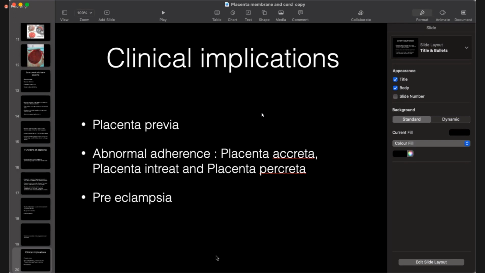Preeclampsia. Can somebody say what is preeclampsia? Ashan? It's an increase in blood pressure during pregnancy. Yeah, increase in blood pressure associated with some other problems like proteinuria. So this condition actually originates from the placenta.